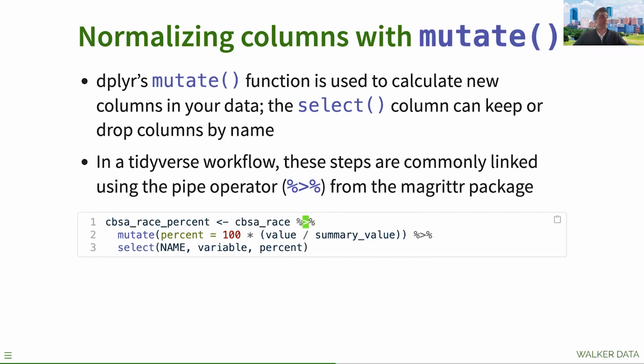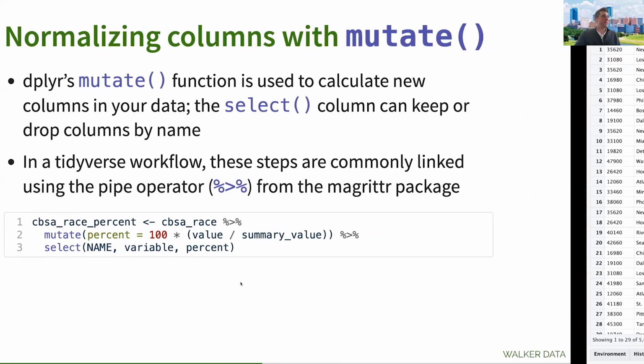Then use mutate to calculate a new column called percent, which is defined as 100 times the value column divided by the summary value column. Then use select to retain only the name, variable, and percent columns. Get rid of everything else.